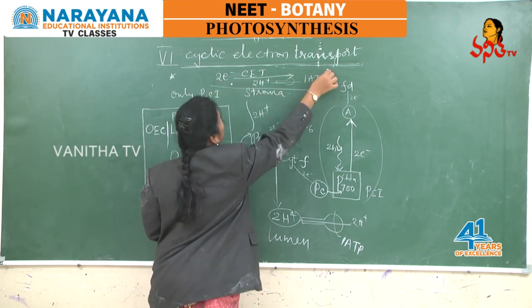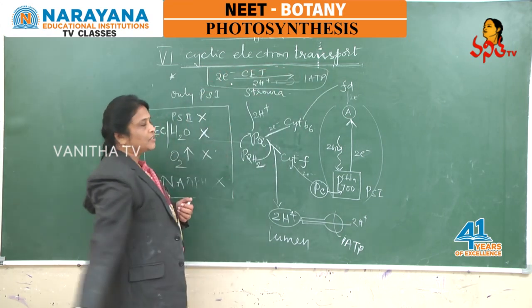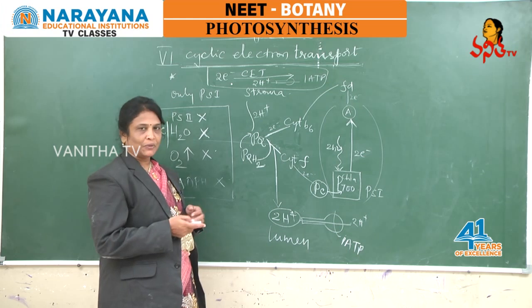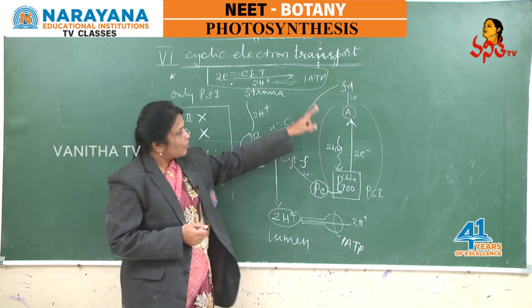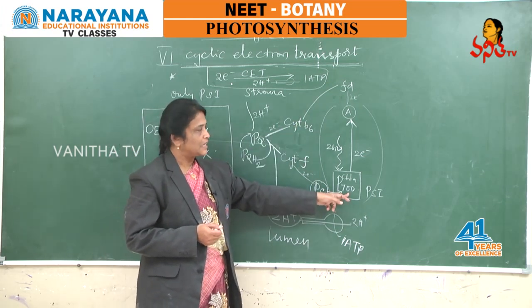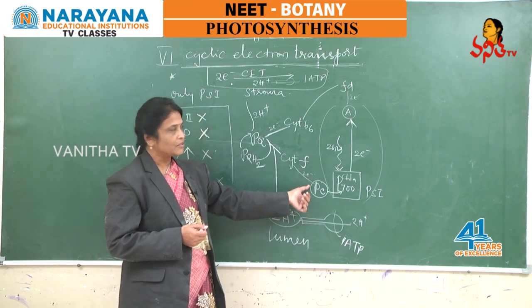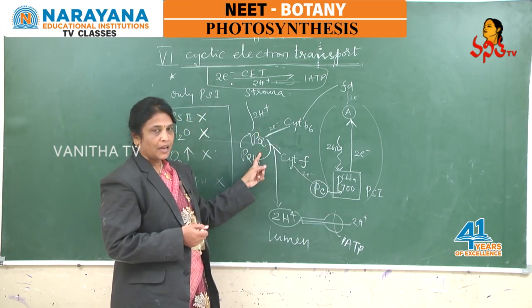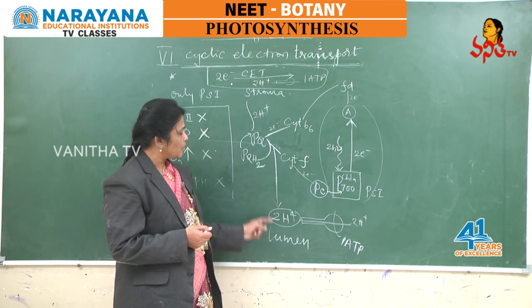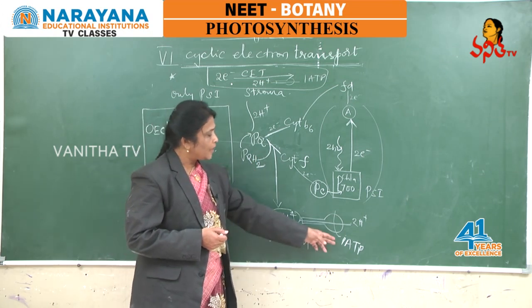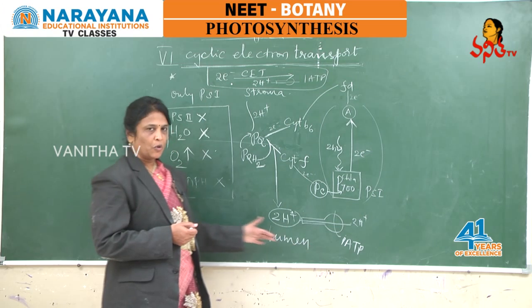And this is the equation that represents the energetics formed during cyclic electron transport. A pair of electrons goes back to their original place, it is a cyclic movement of electrons, but at the time 2 protons from stroma are translocated to lumen, which help in the synthesis of 1 ATP molecule.